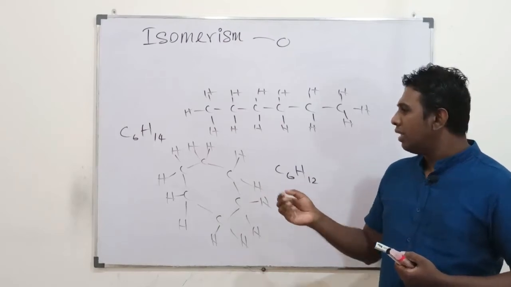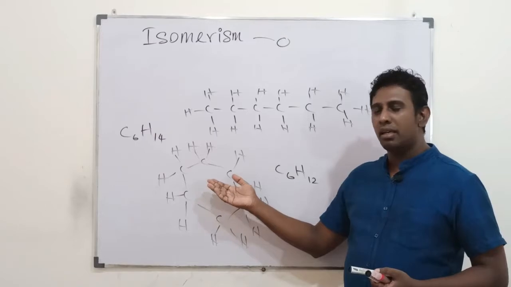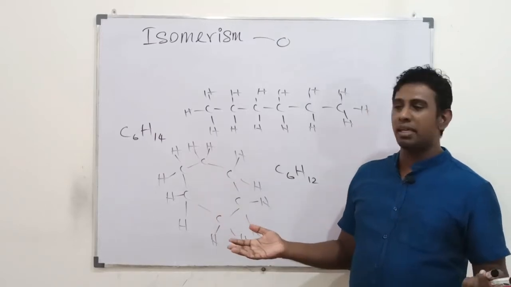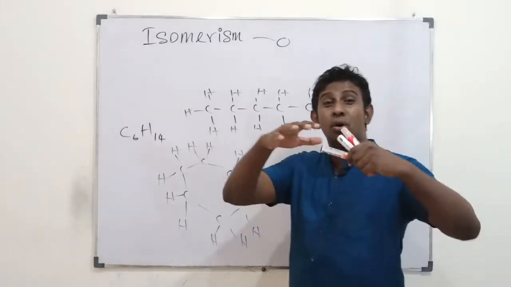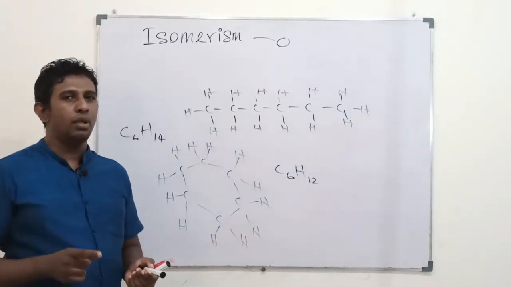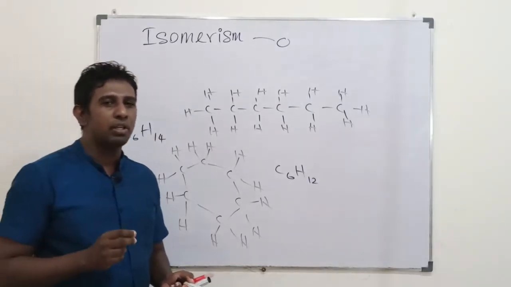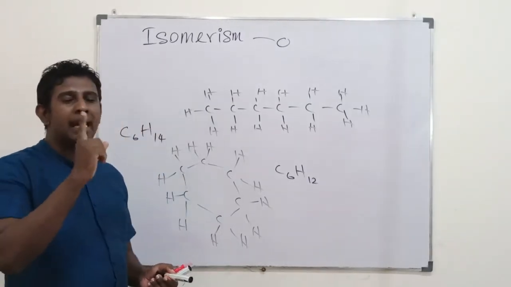Then, students, though you don't have any pi bond within the structure, if you have a closed structure, let's say a cyclic structure, for one cycle it will take one H2 molecule, it will take one unsaturation number.